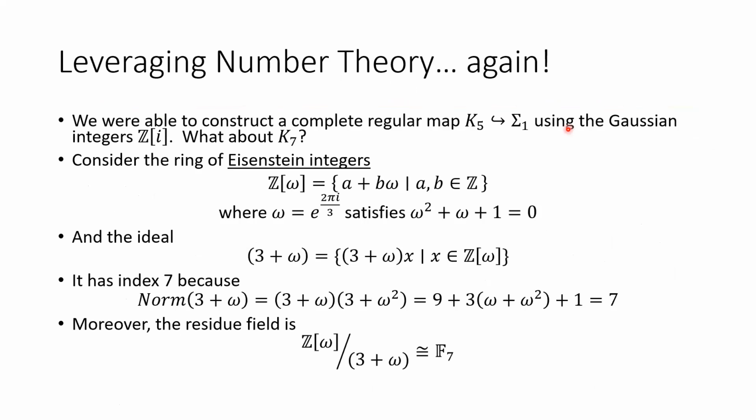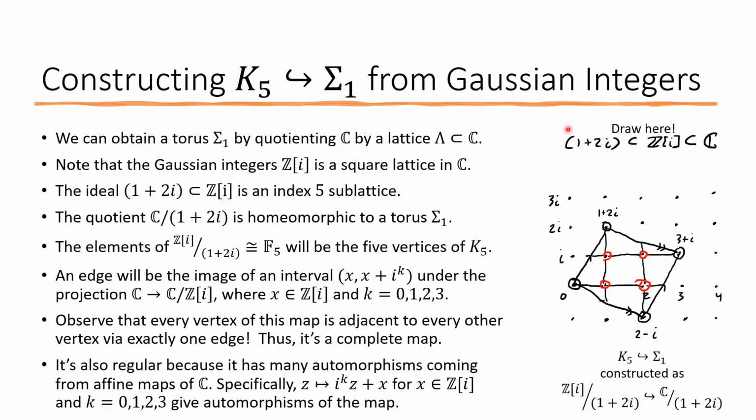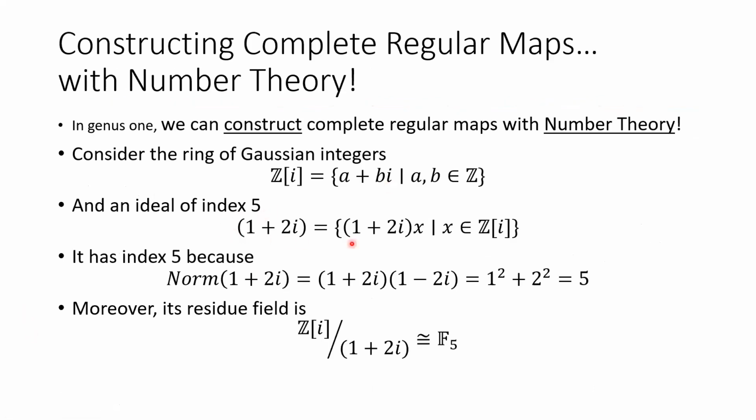Could I ask a question about the previous thing you did? How do you pick 1 plus 2i and 3 plus i and 2 minus i? These are the cosets, the representatives of the cosets? Yeah, so I have this ideal 1 plus 2i, and maybe I'll go back. Yes, okay. So this ideal 1 plus 2i is just the set of elements that are multiples of 1 plus 2i inside of the Gaussian integers.